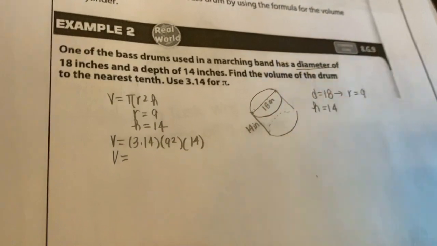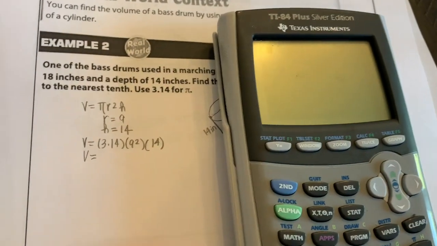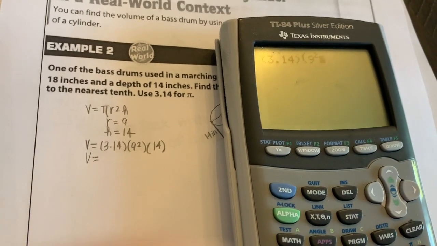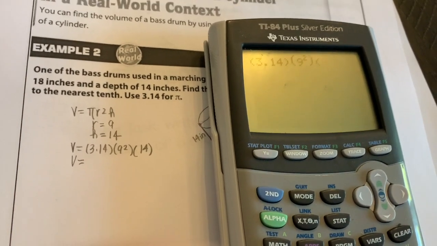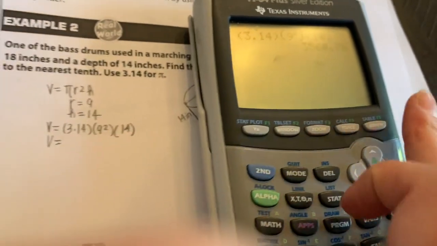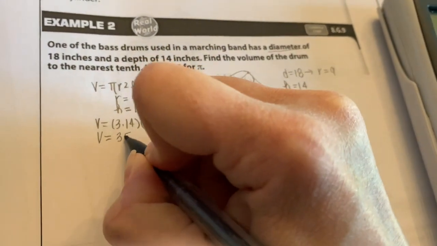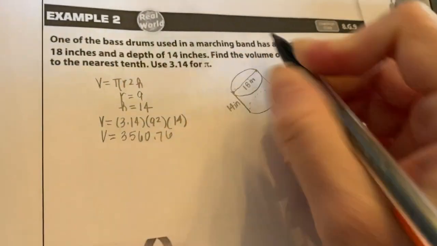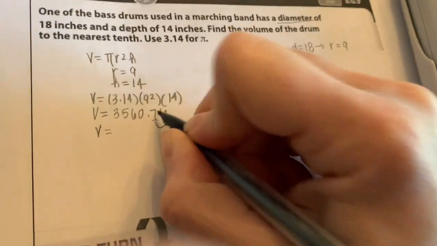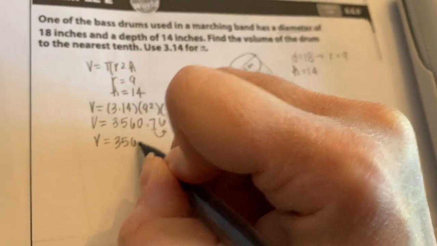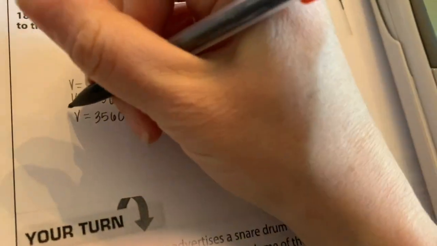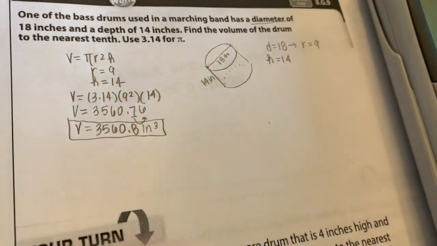I grab my calculator and plug this right in. 3.14 times 9 squared, times 14 equals 3,560.76. So let's write that out first. And then I'm rounding to the nearest tenth, so that's going to turn into an 8. 3,560.8 inches cubed. And that will be my final answer.